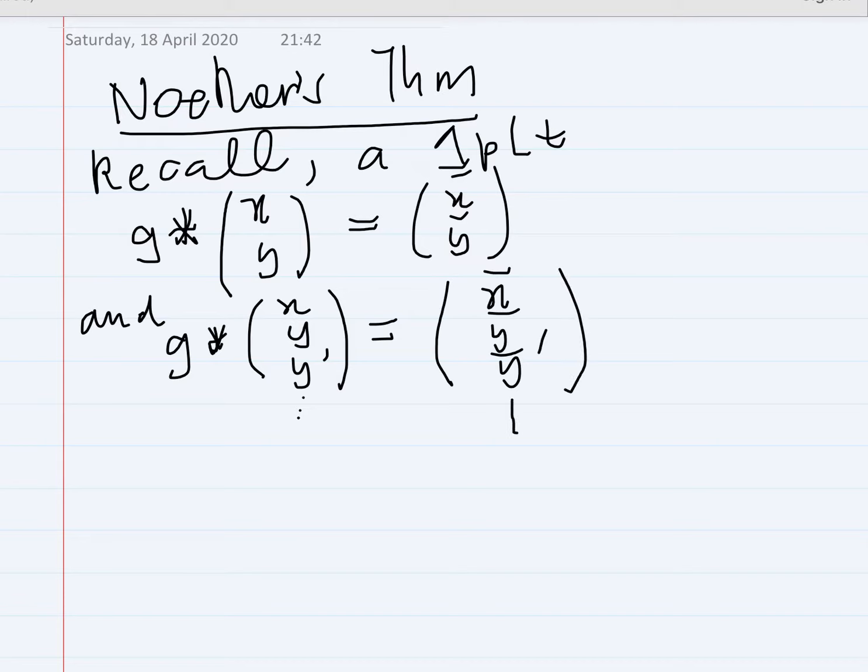We also showed two things. One is that each one parameter Lie group of transformations can be represented in vector field form. So the vector field representation would be xi d by dx plus eta d by dy.